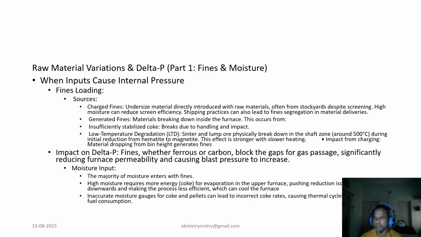Thus, both delta P and material efficiency are reduced, and especially when moisture mixes with these fines, they create an insulating layer between the burden and the cooling system. This impermeable layer also hampers the overall process immensely.